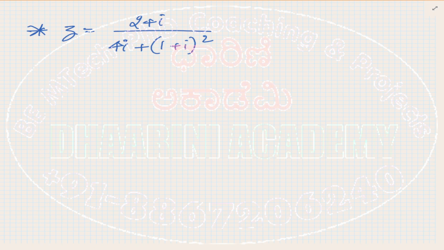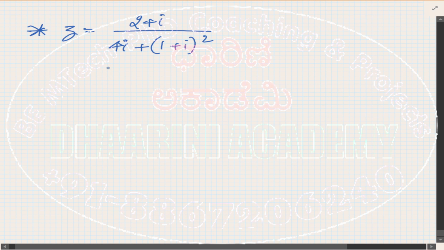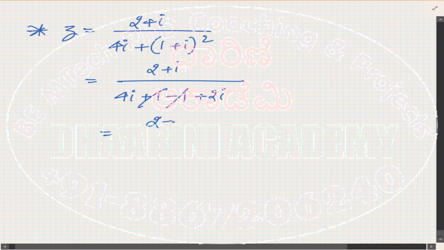First we need to simplify this and then only we can do this. So this is 2 plus i. Let's simplify. This is 4i plus 1 square plus i square is minus 1, then plus 2i. The 1 and minus 1 will get cancelled. So this is 2 plus i divided by 6i.